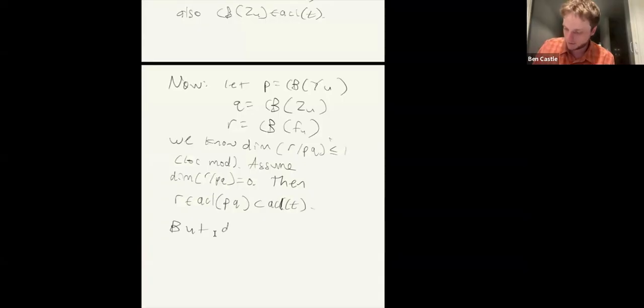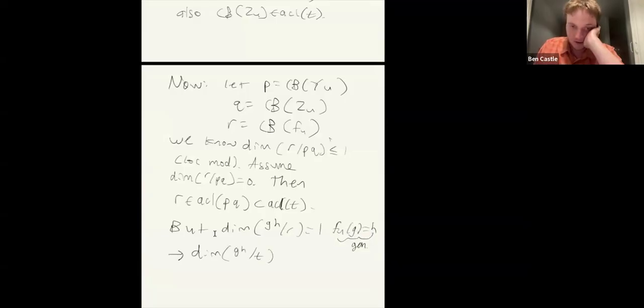So how? Well, the dimension of GH over R is 1. What am I saying here? So R as a function, so FU sends G to H. And this is a generic point on the graph of FU. Right? So the dimension of GH over R is equal to 1. And this will mean that the dimension of GH over T is at most 1.